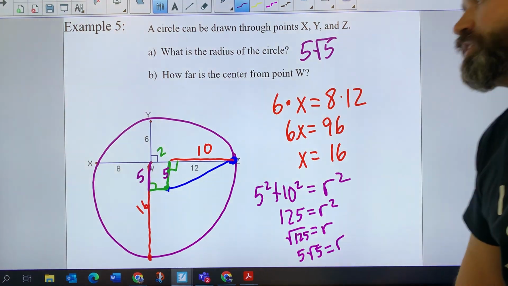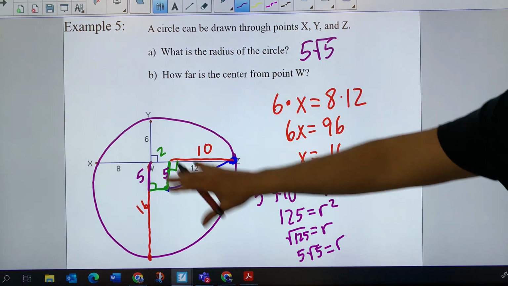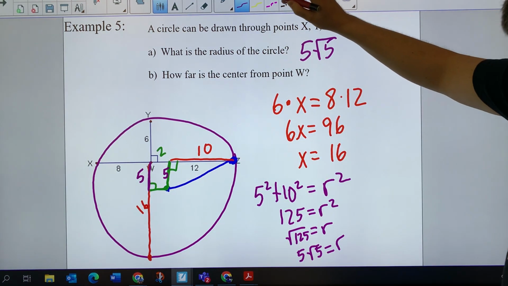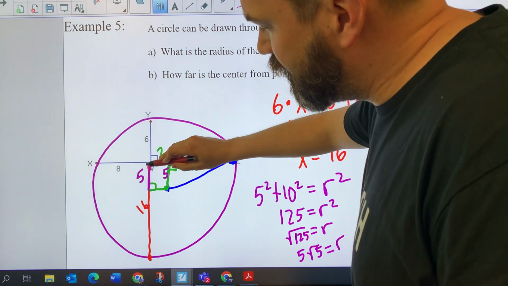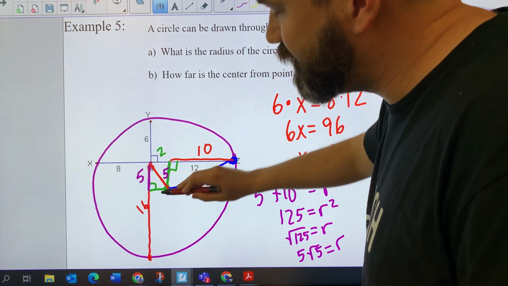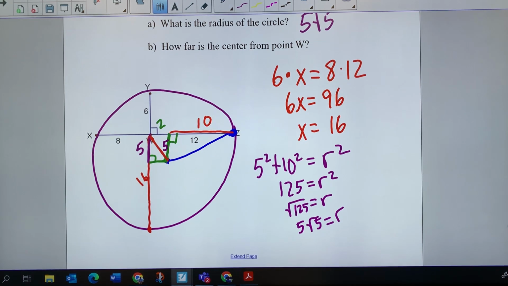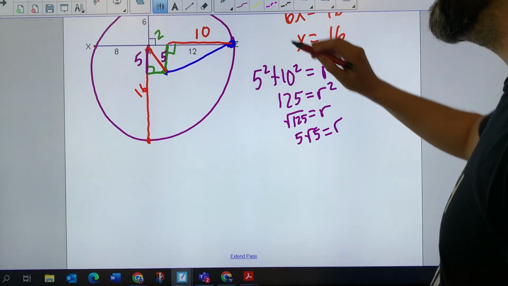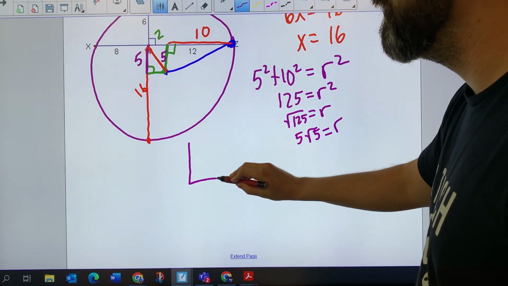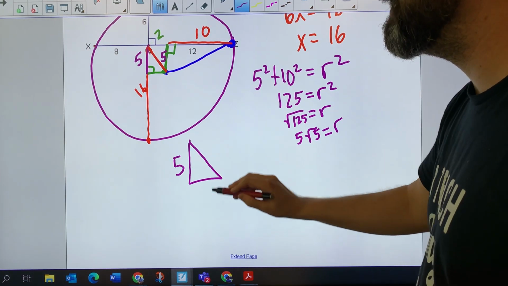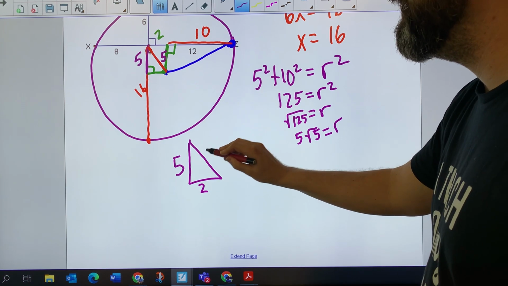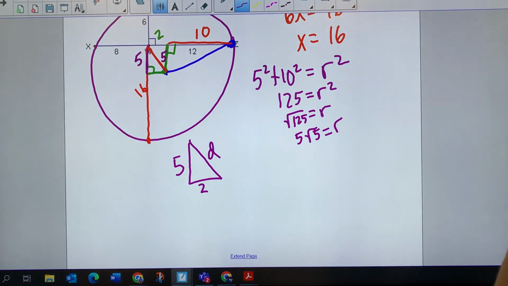We love precision. How far from the center, all right? When I look at this picture right here, that distance from the center is from W right down to the center. Oh my goodness, look at that. That is actually one of the diagonals of that rectangle. I'm gonna give myself a little more room here, and I'm gonna draw that in a little focus. That's 5, that's 2, and let's call that d for the distance from the center.